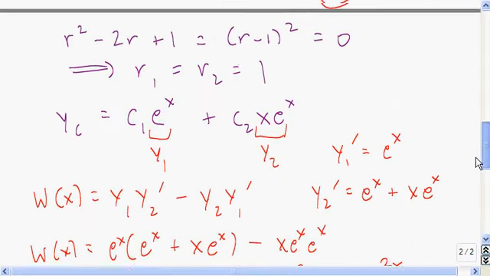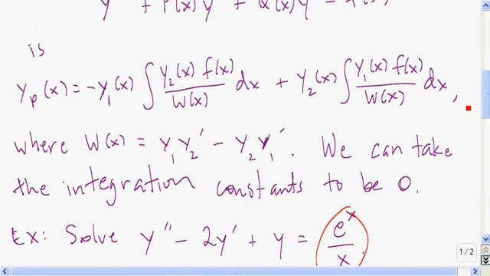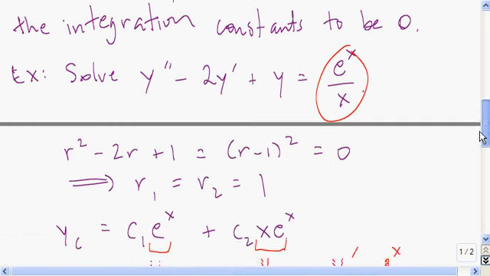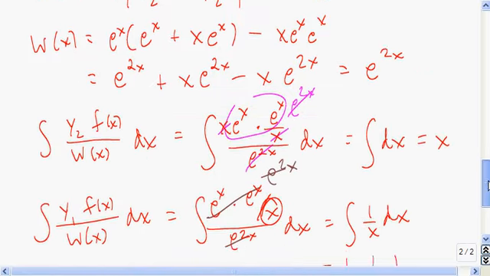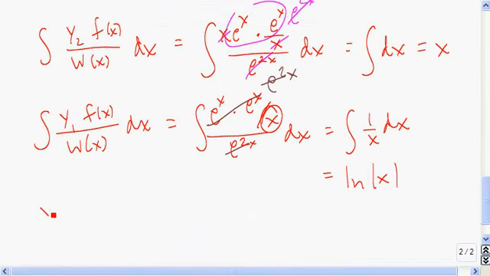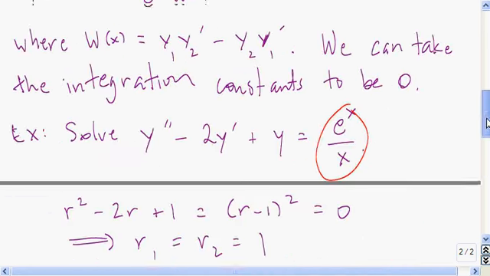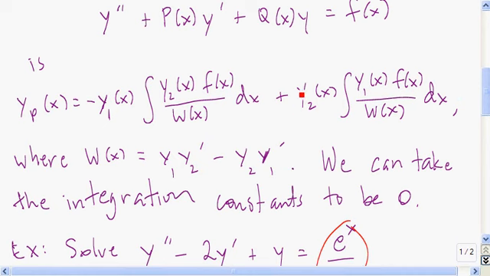All right, so now we're ready to write down a particular solution. So yp, we do negative y1 times the integral that had y2. So negative e to the x times the integral that had y2, which is x, then plus y2 times the integral that had y1.